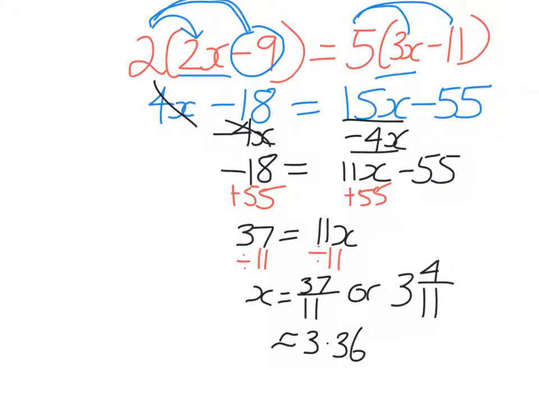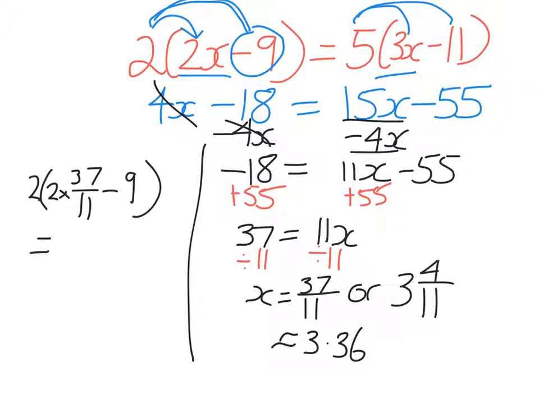Okay? So again, I can check my answer by substituting into the original equation. You might want to use a calculator for this. So I just go 2 times by 2 multiplied by x minus 9. So that gives me 2 times by 37 over 11 minus 9. If you put that in your calculator, you'll get minus 50 over 11.